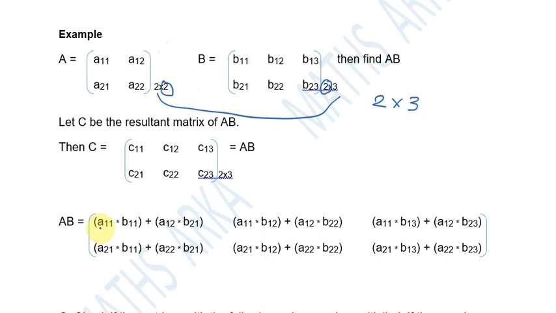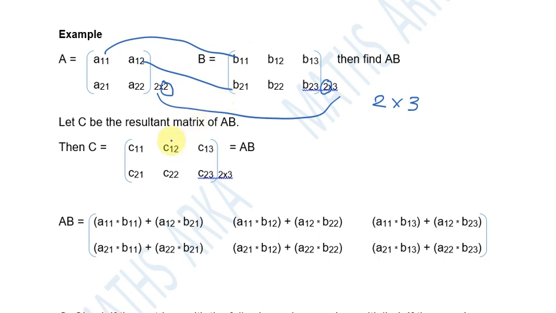So we get A11 into B11, plus A12 into B21. It may not sink in the first time, but if you just focus, it is very easy. So this way you need to travel along the column in the second matrix.